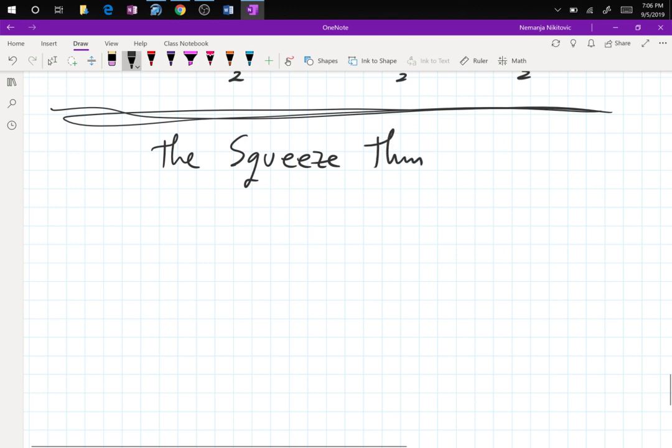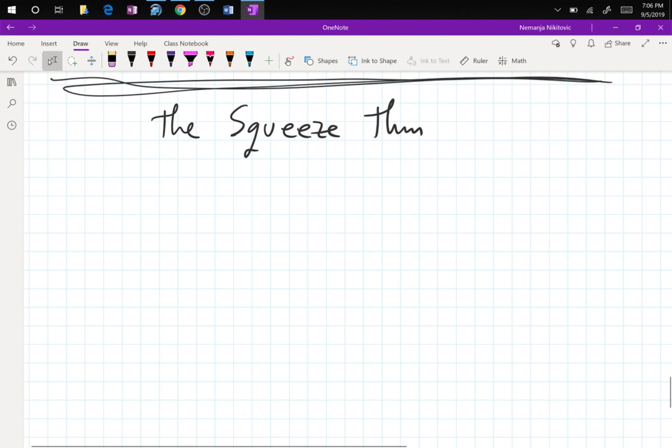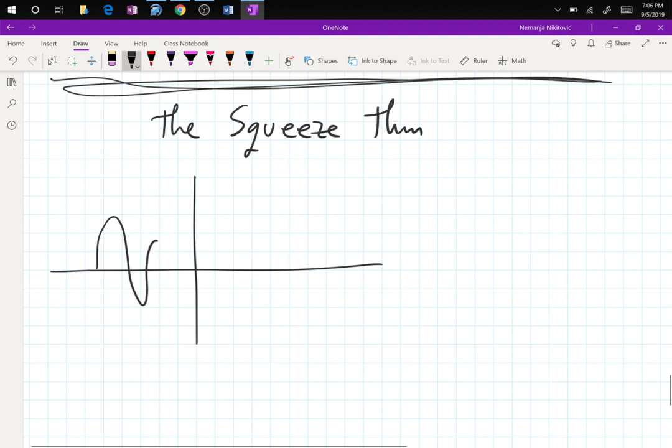And the squeeze theorem is going to ask you to create two functions that are going to sandwich the function of interest in between. So let's say, this is pretty much the same example as the book. You have some function that goes like that, and you would like to know the limit at 0.